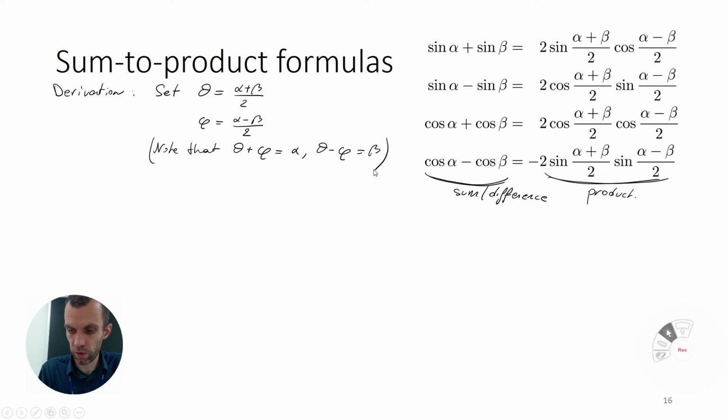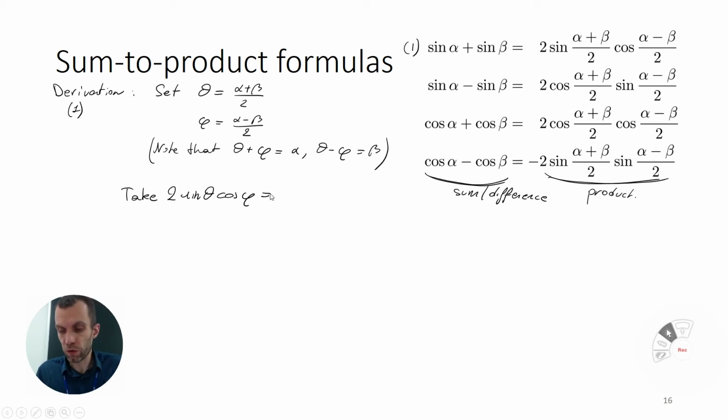And now we'll derive expression number 1, let's say. Here, derivation of number 1. So take 2 times sine theta cosine phi.